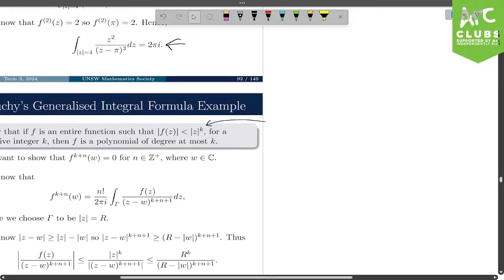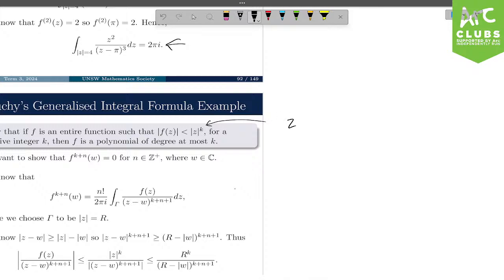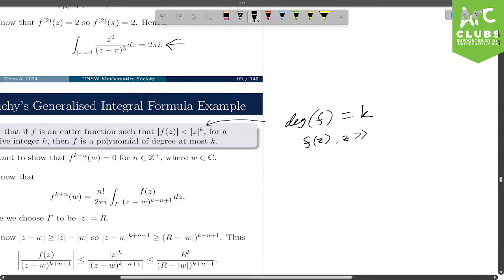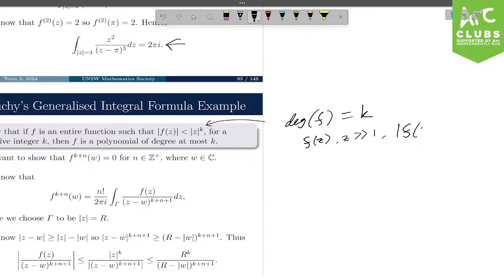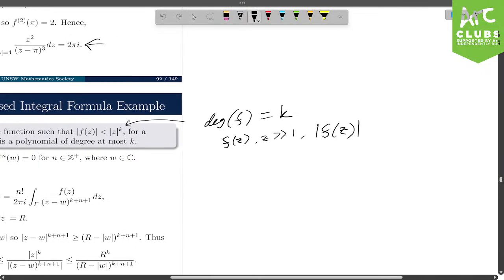What this means, for a polynomial function, is that if, let's say, the degree of f is equal to k, then the behavior of f of z at sufficiently large z, so let's say the magnitude of z is much greater than 1, is that the magnitude of f of z is comparable to the magnitude of z to the k.